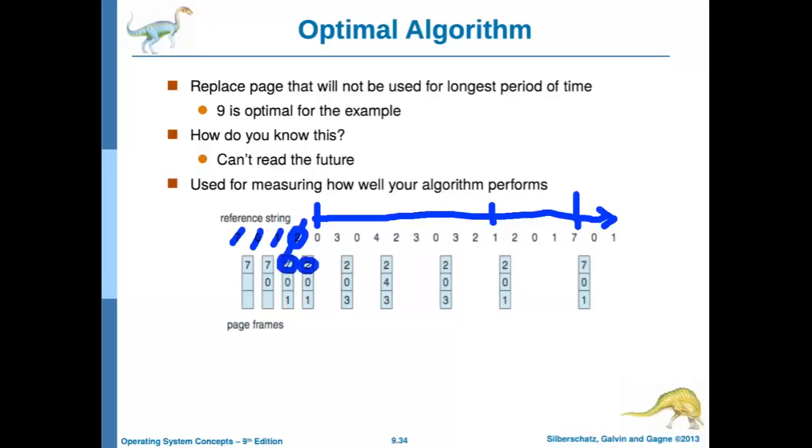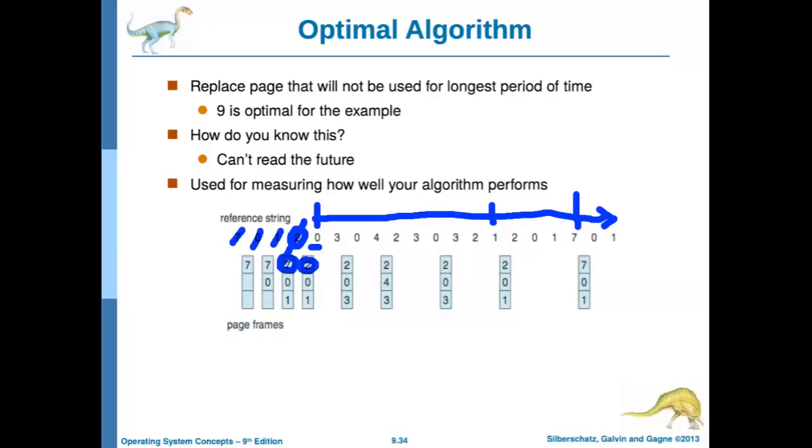Now the next one is 0. It is already there. No problem. Then what is next? 3. So 0 is finished. Now at this time we need page number 3. 3 is not available, resulting in a page fault. So we need to remove one out of 2, 0 or 1. Again the same thing.